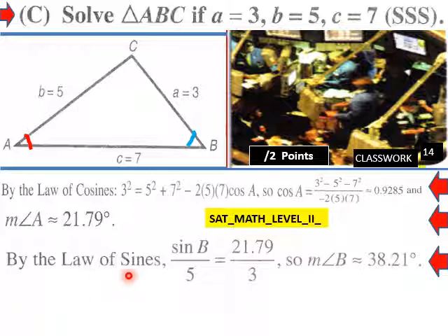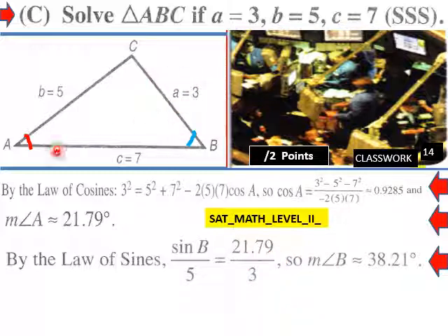So now by the law of sines, sine B over 5 equals sine 21.79 over 3.